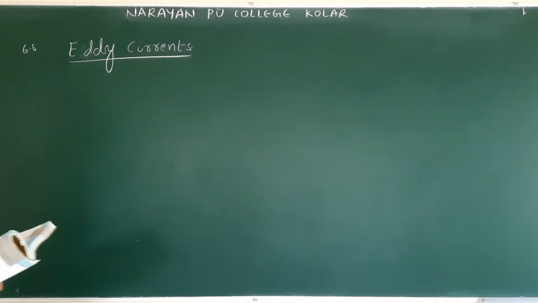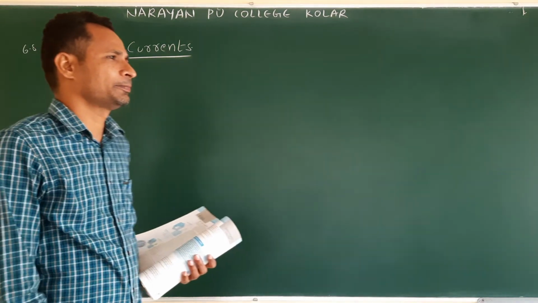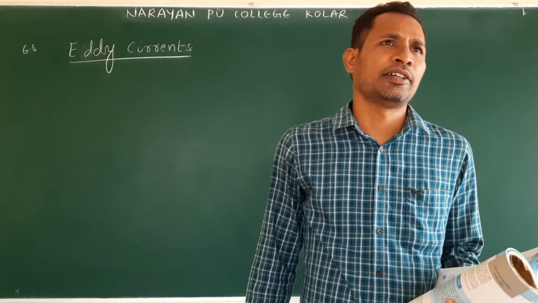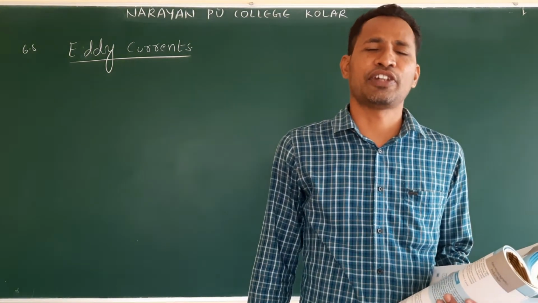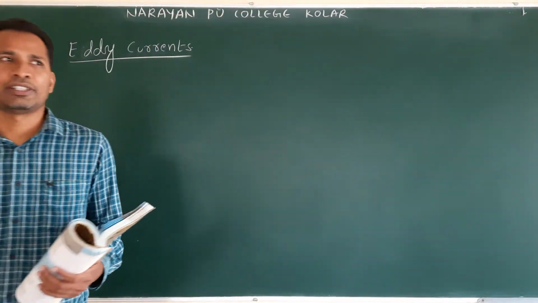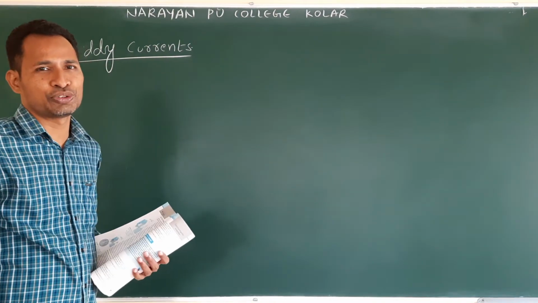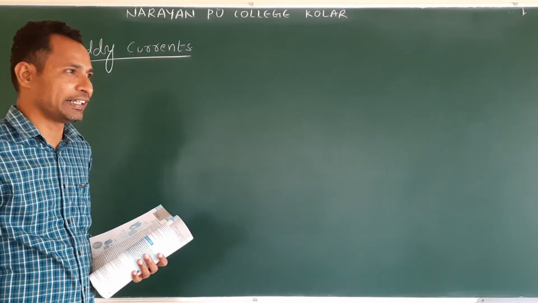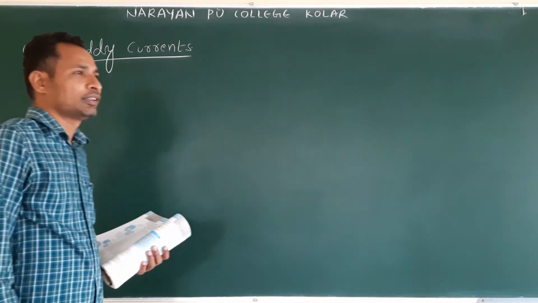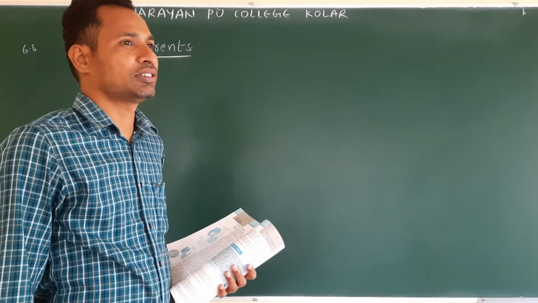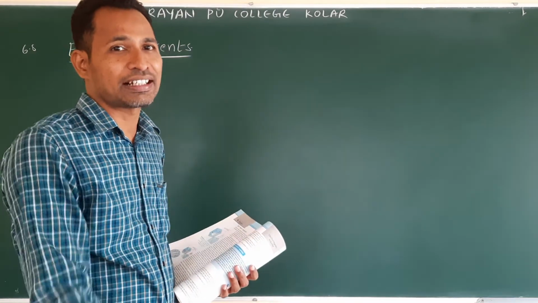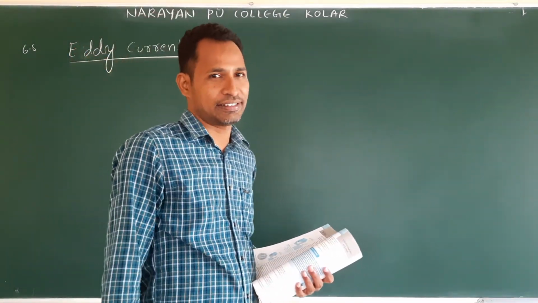When a bulk material, a ferromagnetic material, is subjected to a varying magnetic field, the varying magnetic field produces current in the bulk material. Clear? This current flows in a circular form, so these circular currents we call eddy currents.